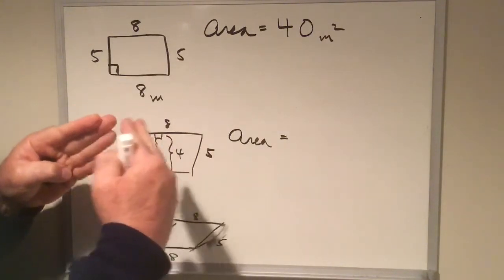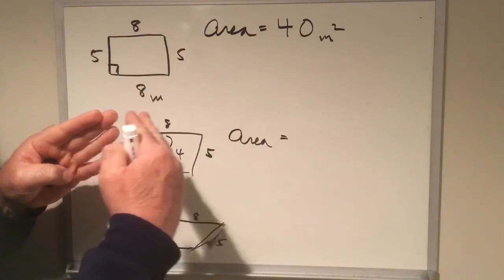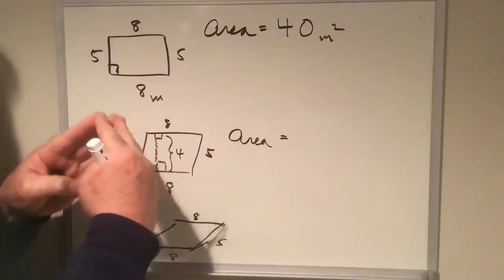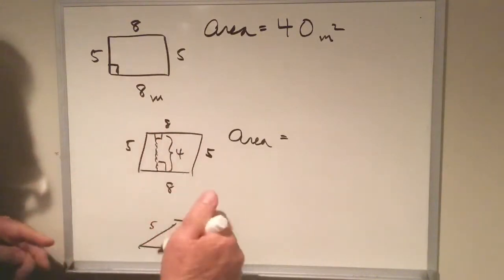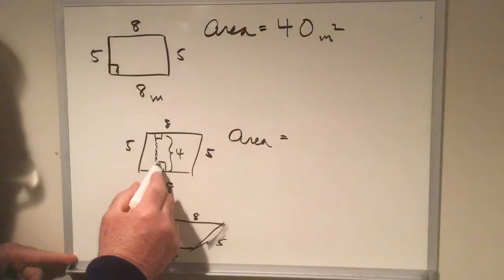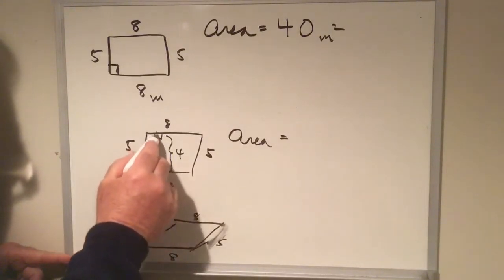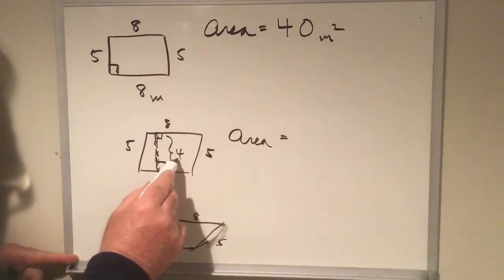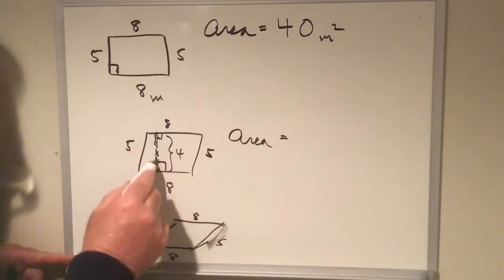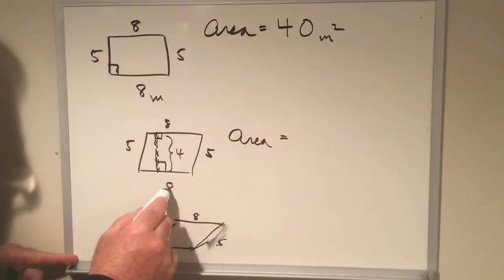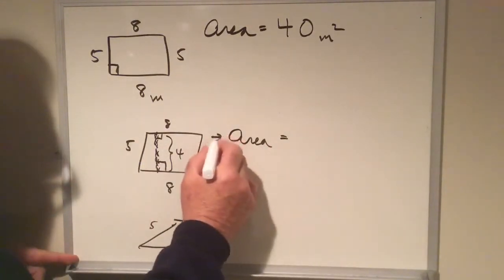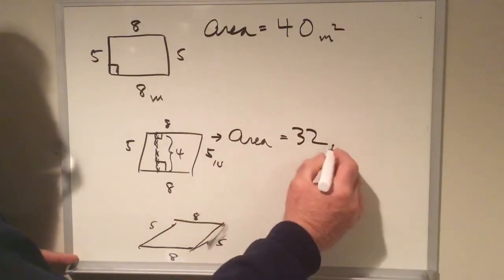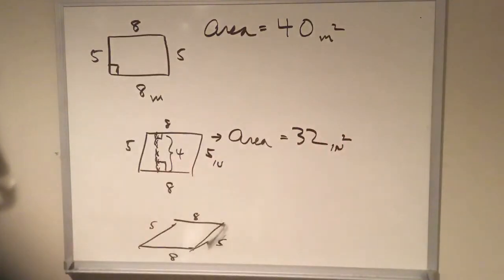Peanut butter and jelly, chocolate chip and cookie, right? Panini and bacon and cheese. Okay, they go together, the base and the height. And what's going to tell you about a height and a base is a perpendicular segment. So this perpendicular segment here would act as the height to the base of 8. So what would be the area of this parallelogram? 32. And again, 32 square inches, whatever our unit of measure is going to be.